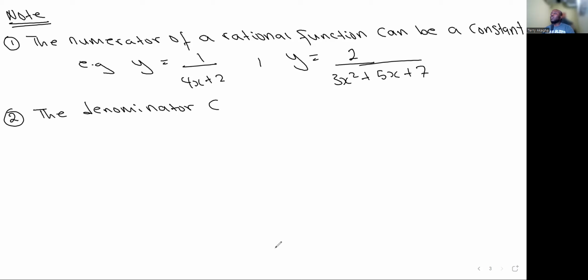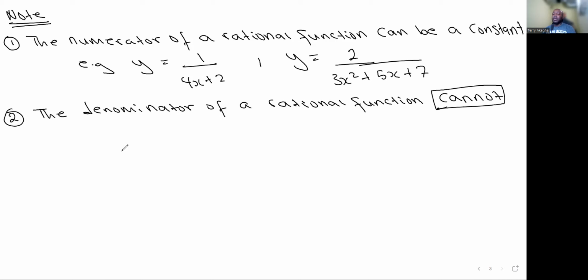Let's say the denominator of a rational function, all right, cannot. The key word is that it cannot be a constant.